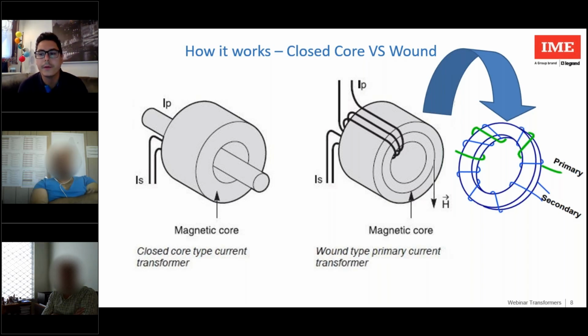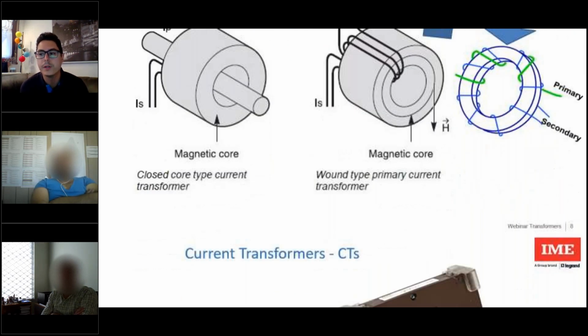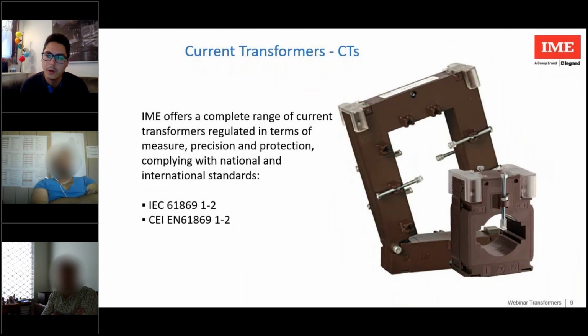So let's start right from the current transformer, which I will now call CT. The IME brand offers a complete range of current transformers for measurement and protection, scrupulously compliant with national and international standards: IEC 61869 and EN 61869, parts 1 and 2.